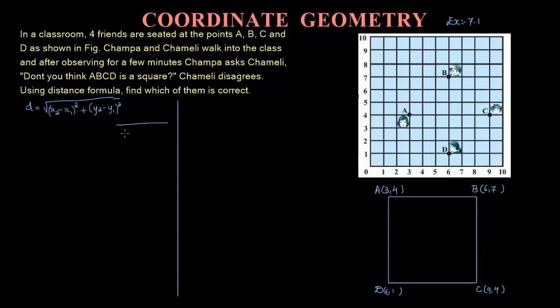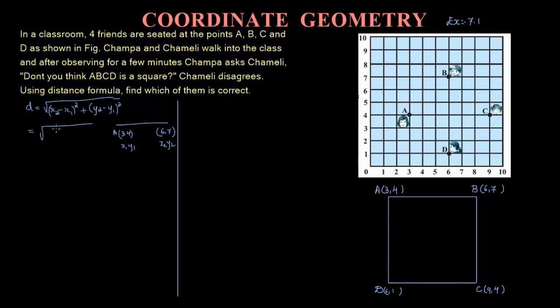Let us write here. A has the coordinates 3, 4 and B has the coordinates 6, 7. Let it be x1, y1 and let it be x2, y2.